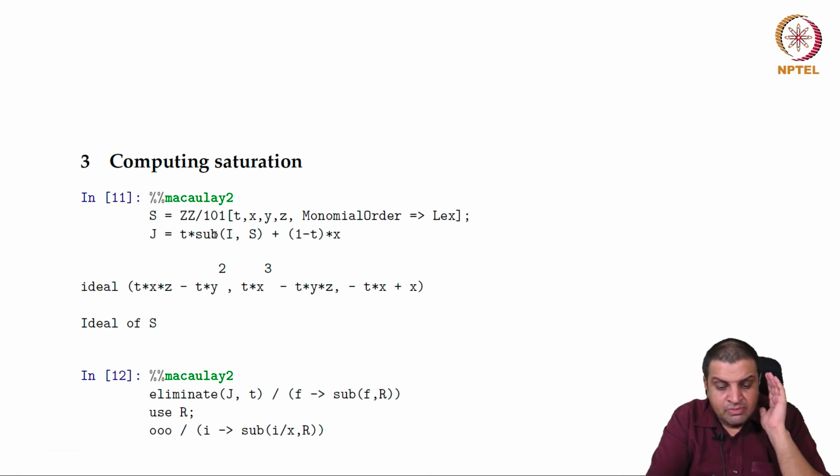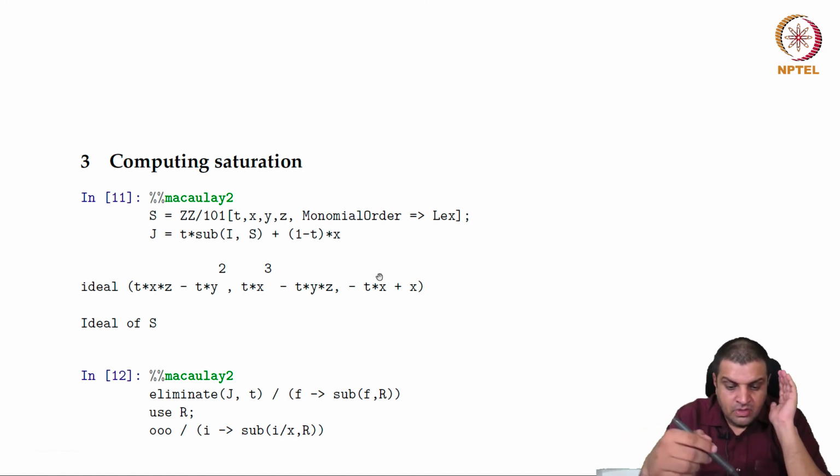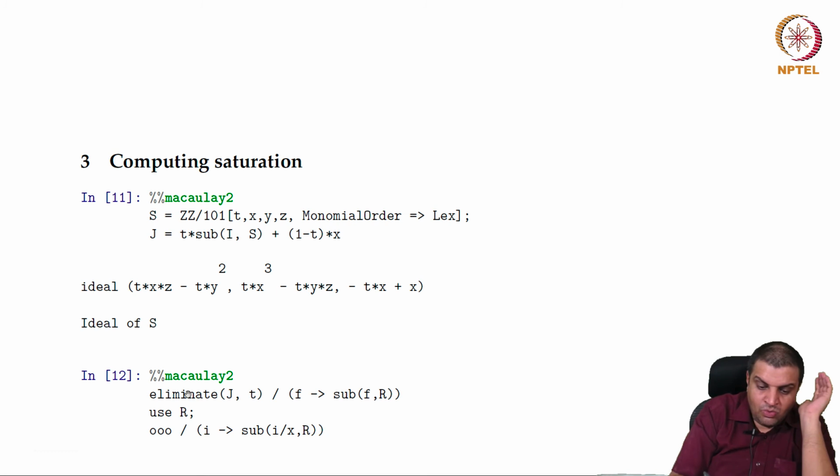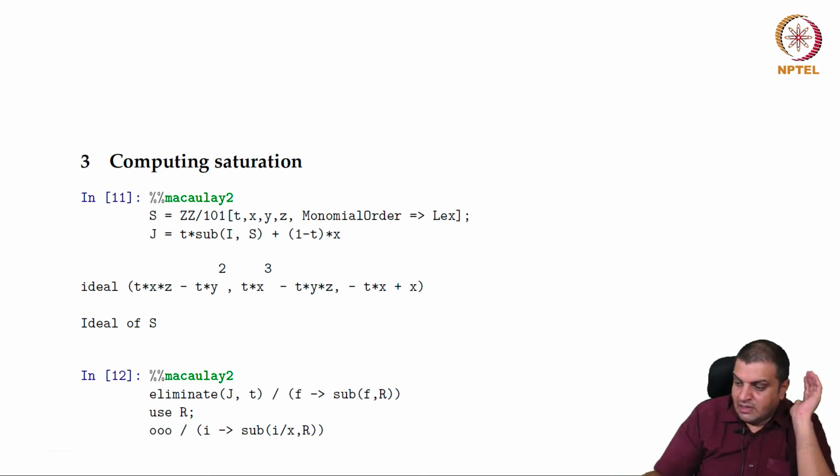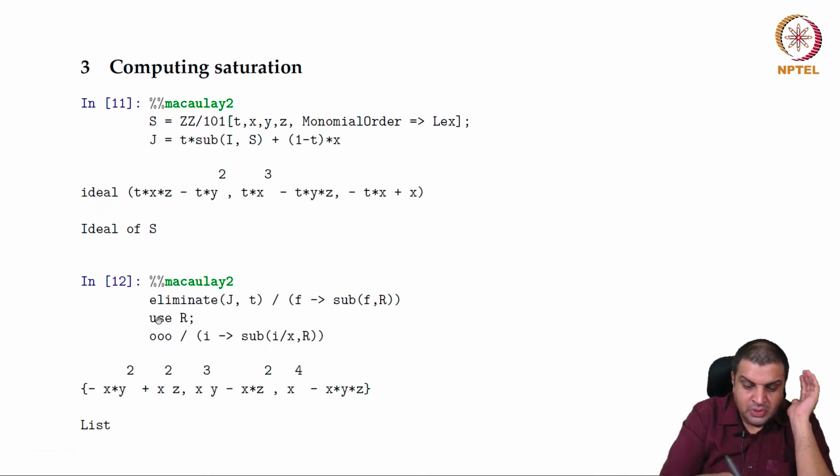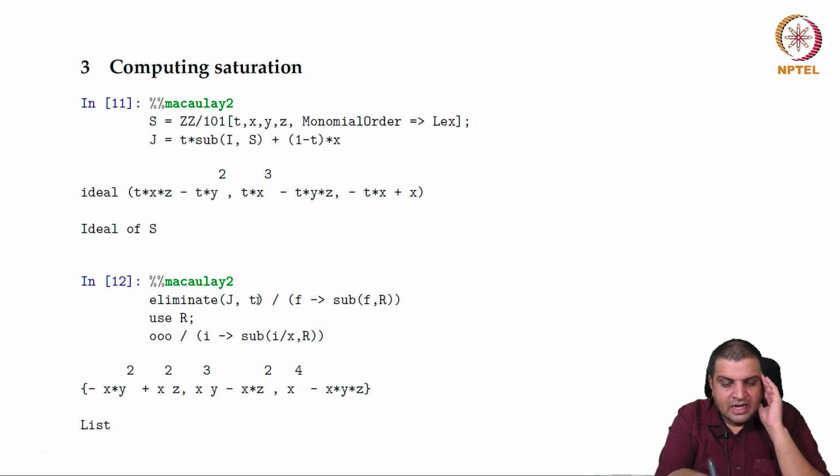And so t times the extended ideal of I, plus 1 minus t times x. So the x here refers to x of S, which is why we didn't have to put a sub there. Okay, so we get some ideal here, and then we need to eliminate t from this ideal. So we asked to eliminate, and I didn't print it.